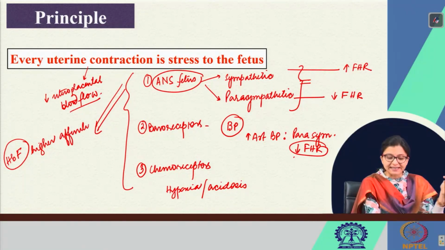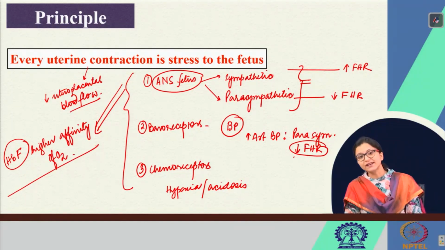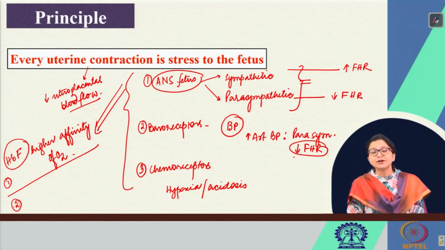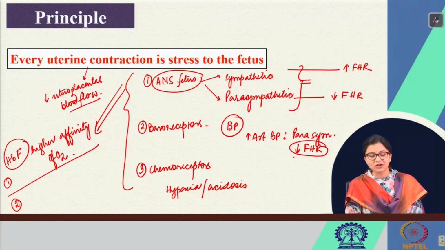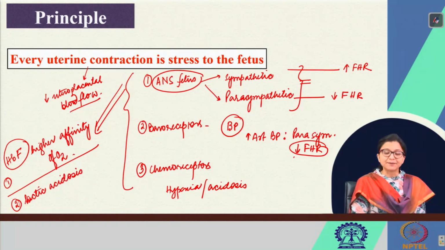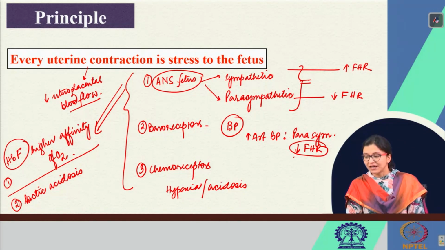So, even in lesser concentration of oxygen, the fetal hemoglobin is able to extract the oxygen from the maternal blood. Also, there may be anaerobic respiration leading to acidosis. So, lactic acidosis can sometimes result in case of hypoxia in the fetus, right.